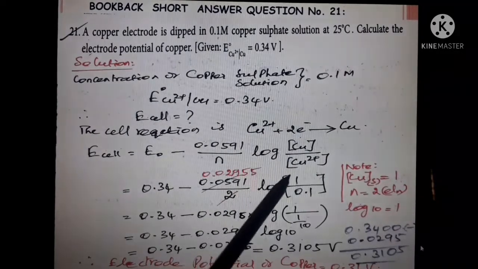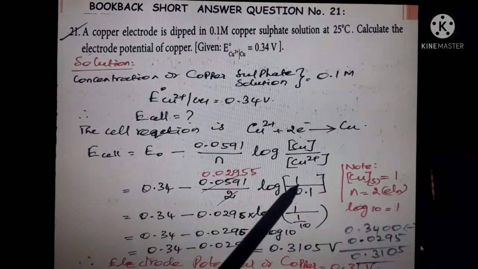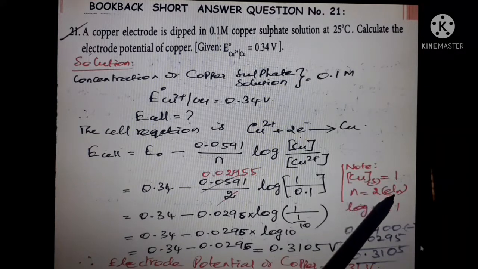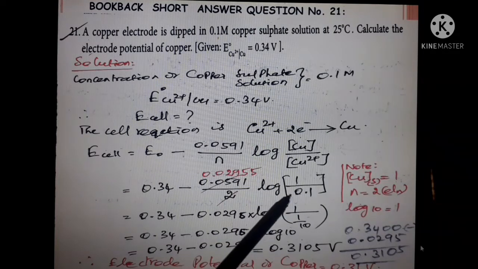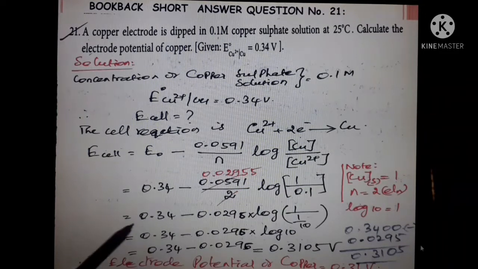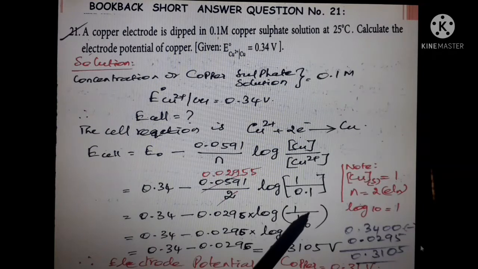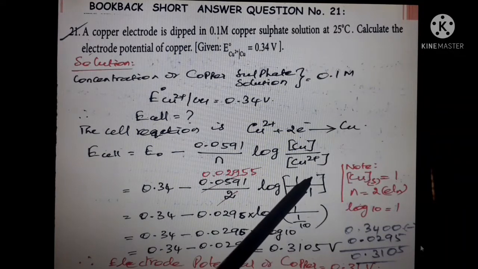The copper is a solid metal, and its value is 1. I already wrote in the note that copper solid is equal to 1. So n is 2 electrons, and log 1 divided by 0.1 is log 10, which is 1.